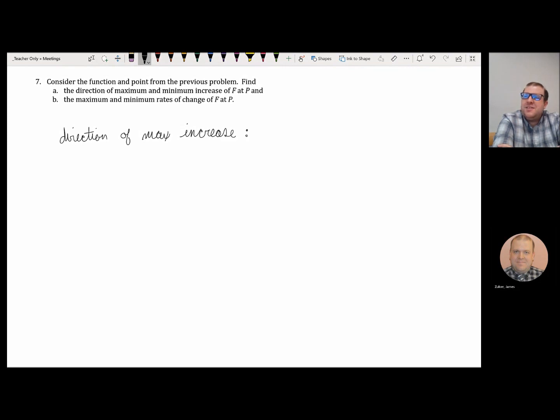This actually does not require optimization. It's the gradient. We calculate the gradient.